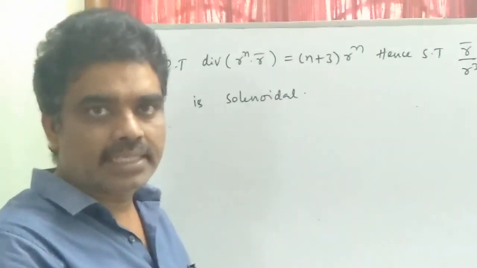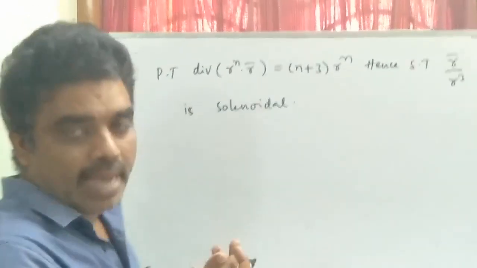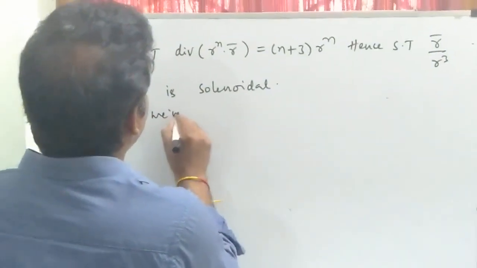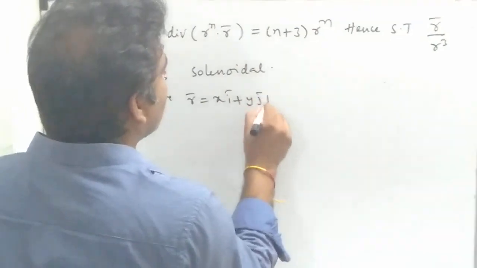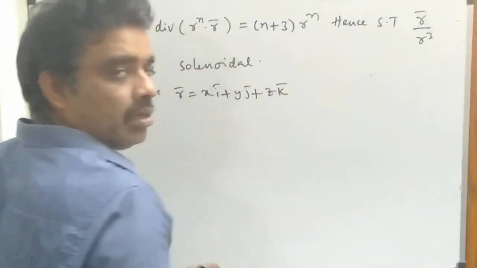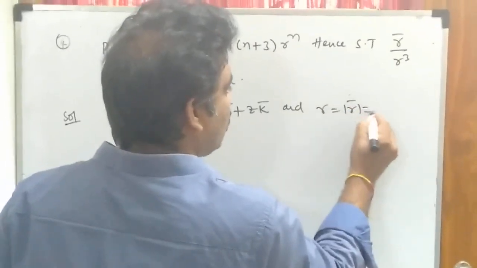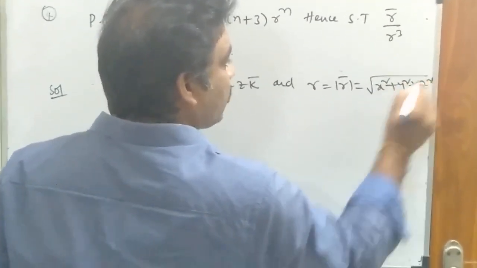It can be taken as x i bar plus y j bar plus z k bar, and r is the magnitude of r bar. We have r bar equal to x i bar plus y j bar plus z k bar, and r is the magnitude of r bar, square root of x square plus y square plus z square.